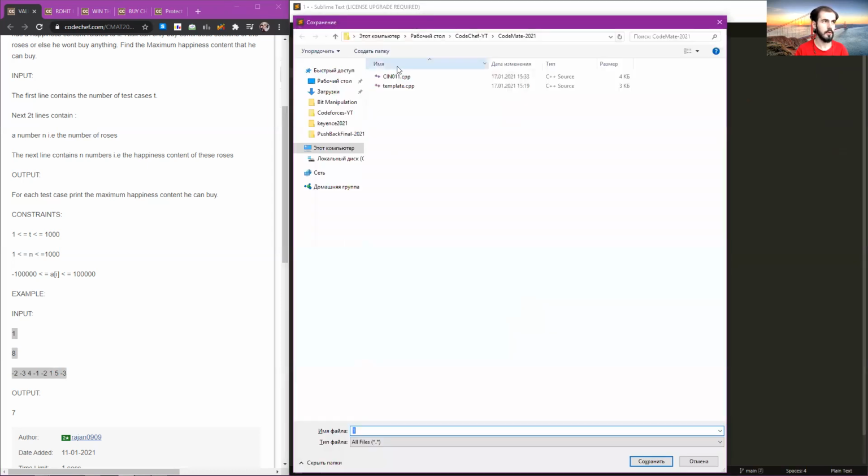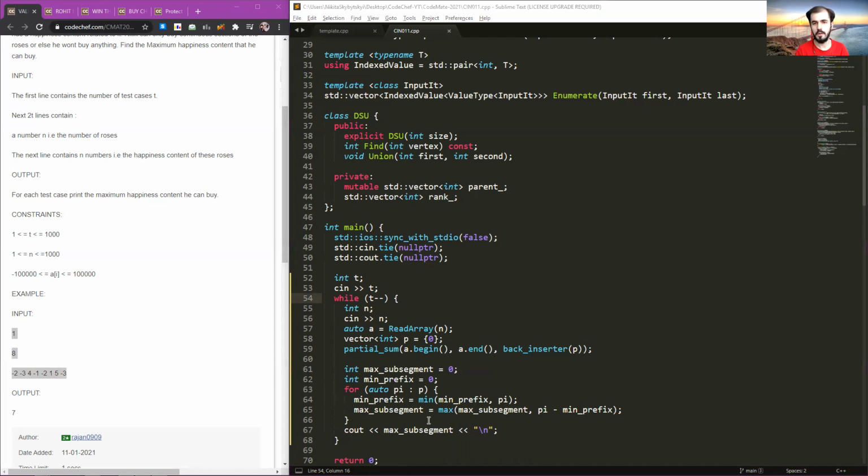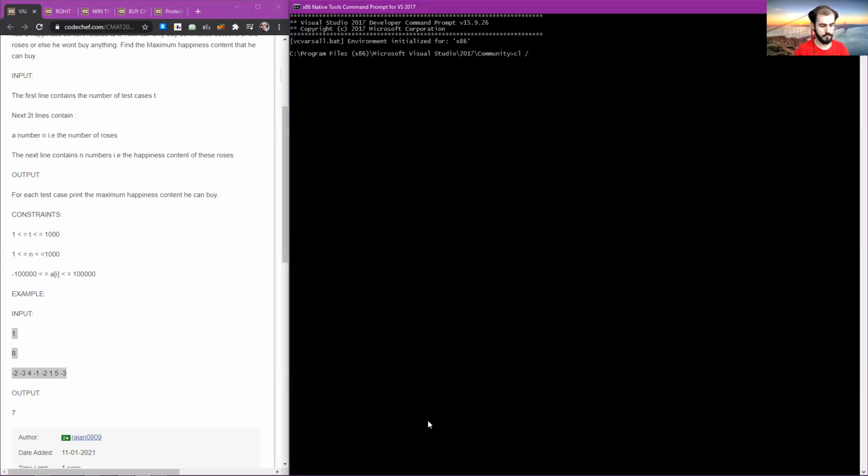I don't know. Well, let's say the same thing, just with input. I again did not type compilation flags, but it obviously compiles somewhat.